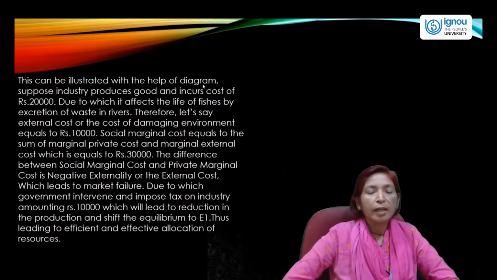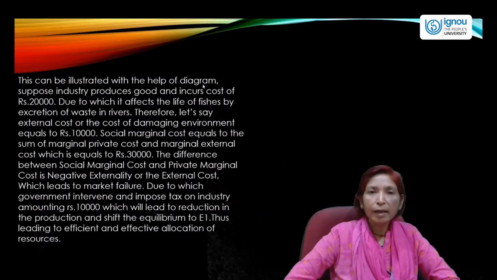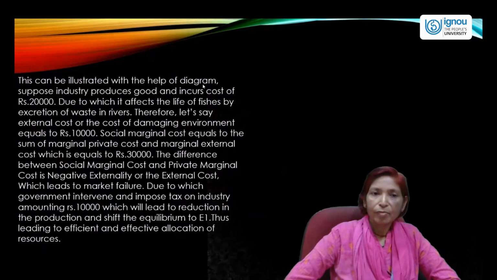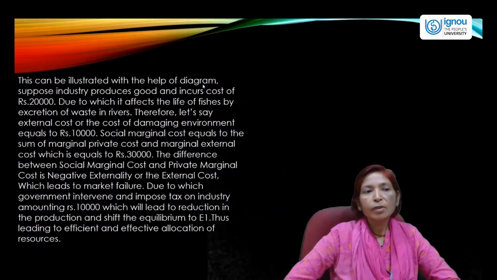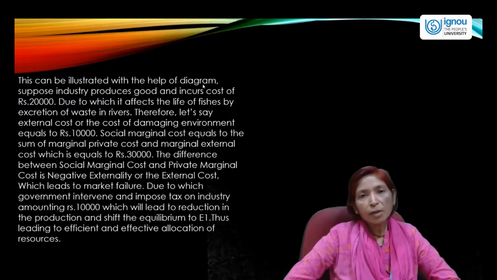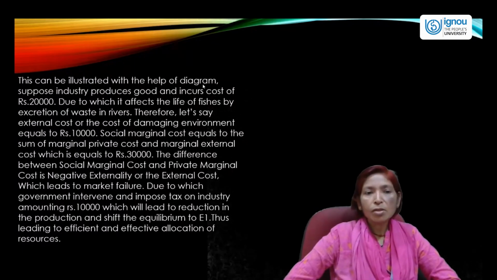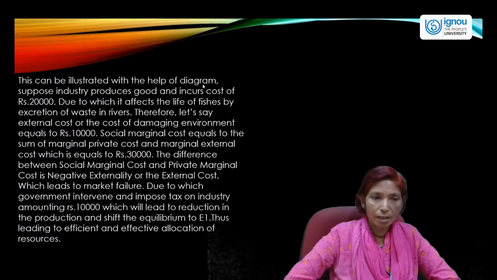Next, it can be illustrated with the help of a diagram. Suppose an industry produces goods and incurs a cost of rupees 20,000, due to which it affects the life of fishes by excretion of waste in rivers. Therefore, let us say the external cost, or the cost of damaging the environment, equals rupees 10,000.